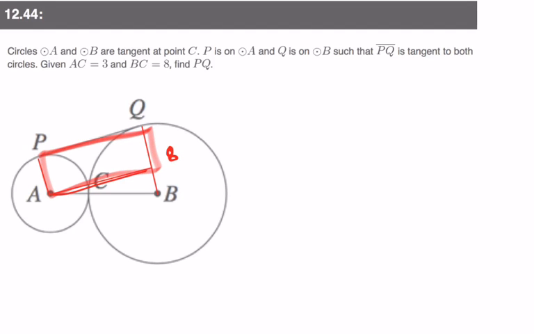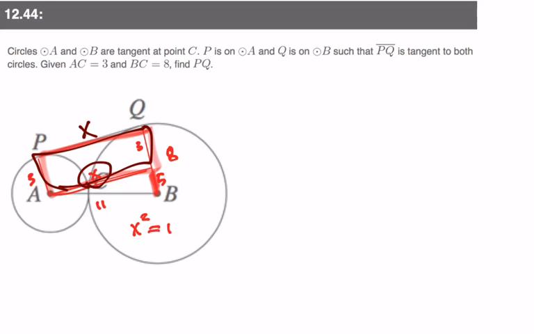So the long radius was 8 and the small one was 3. That means that small portion is 3 as well. So this portion is equal to 5, while AB is equal to 11. And if I consider this one as x, that would be the value of PQ as well, because what we end up creating inside here is a rectangle.